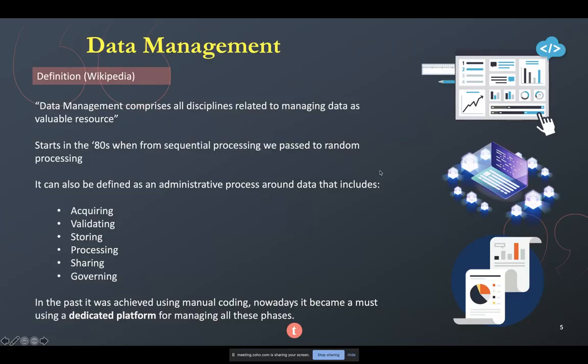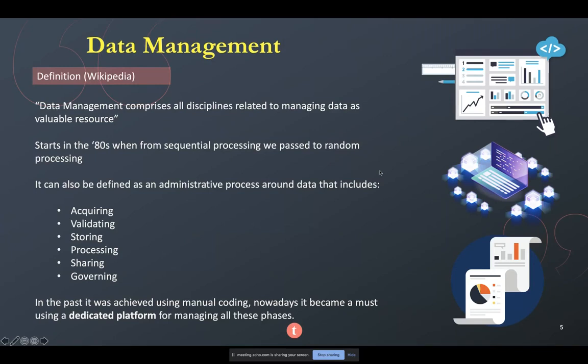In the past, this happened using manual coding, but the more the data and the use cases became complex, the more there was a need to overcome manual coding.